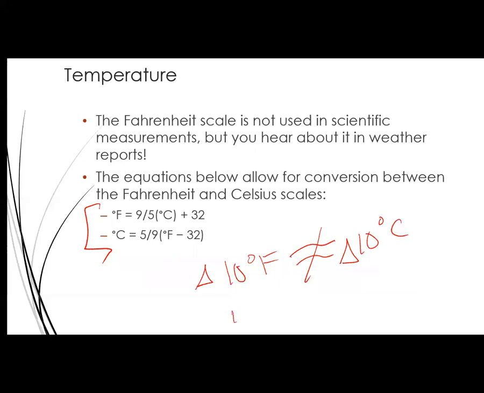In fact, if we were to change 10 degrees Fahrenheit, it would be like 5.56 degrees Celsius. So it's not so simple for us to move back and forth between them. And so Fahrenheit doesn't get commonly referenced. Instead, we see a lot of Celsius, we see a lot of Kelvin.